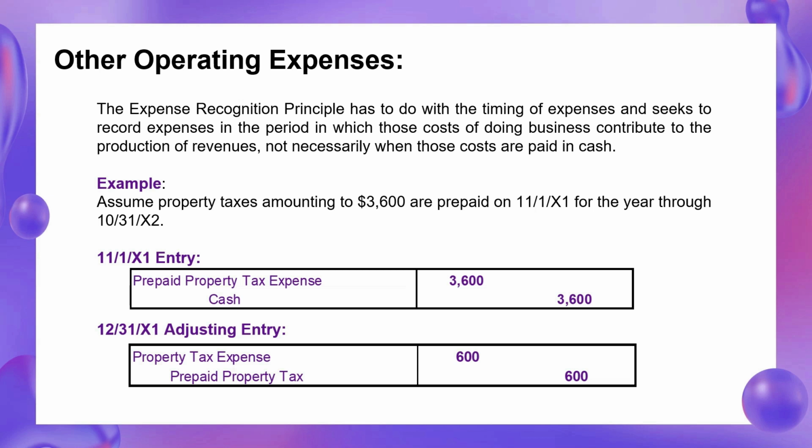It's actually an asset. However, as time passes, the right to this future benefit is diminished or expires, such that if we're going to provide an accurate accounting for our assets and costs of doing business in the proper period, and in fact our accounting period ends 2 months later on December 31st, we will need to make an adjusting entry to show not only the reduction or using up of this right to the future benefit of the prepaid property taxes, but also the cost of those property taxes associated with the months of operations that tax period includes.